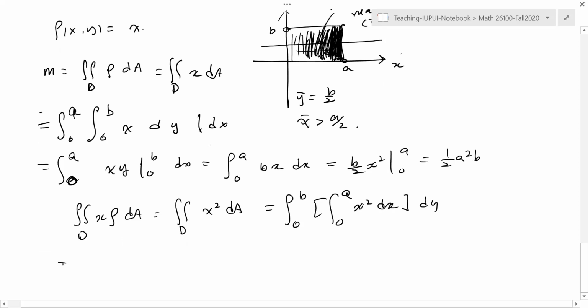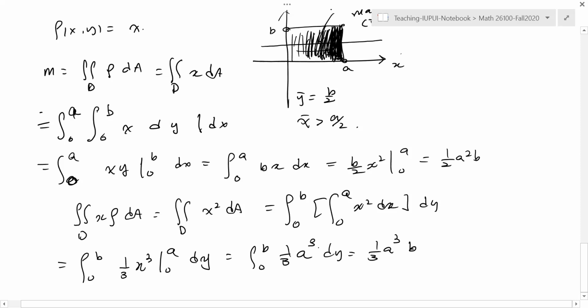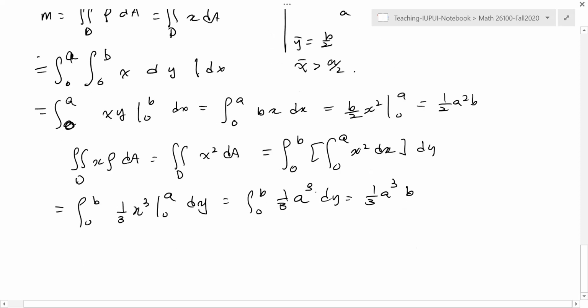The antiderivative of x squared is one third of x cubed. And I find this is one third of a cubed, since this is a constant with respect to the y variable, so I get this.